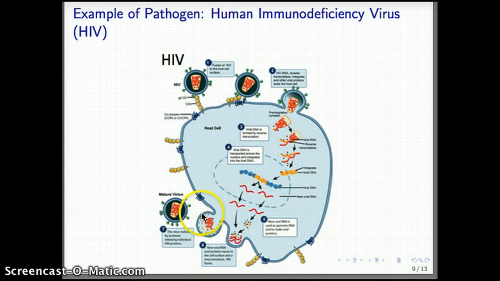Eventually that new offspring goes to the surface, not necessarily at the entry point but somewhere else, and is then catapulted into the rest of the bloodstream. You can review this in more detail, but this is a simple representation.